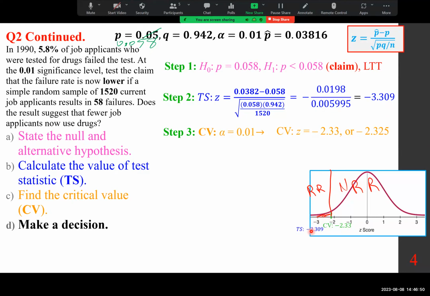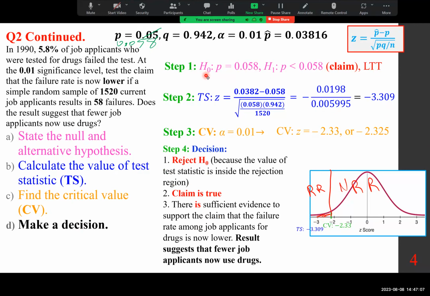So the very first part for making a decision is, what do you do here? You just make a decision about H0. You are going to reject H0. I want you to look at the first part only for now. Reject H0 because the value of the test statistic is inside the rejection region. So this is RR, rejection region.